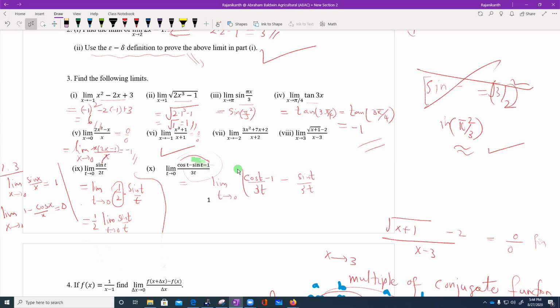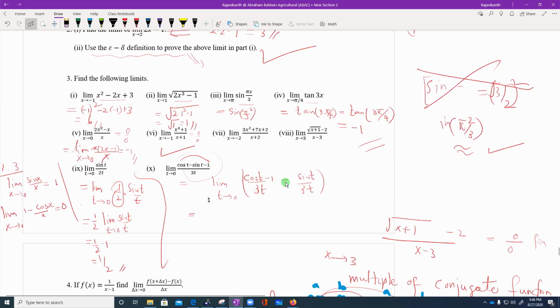Remember, you could split like this. If you have the combined version of rational functions, it can always be decomposed into two rational functions with the same denominator.